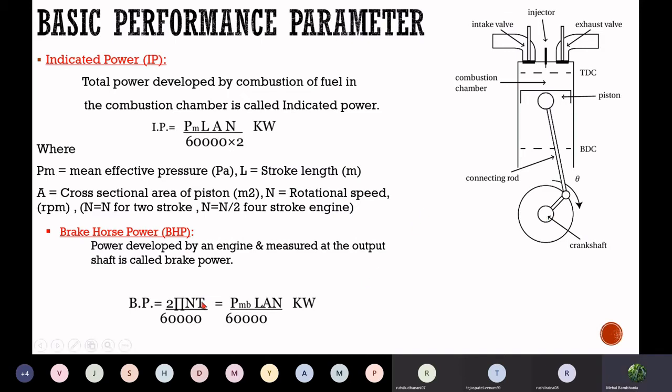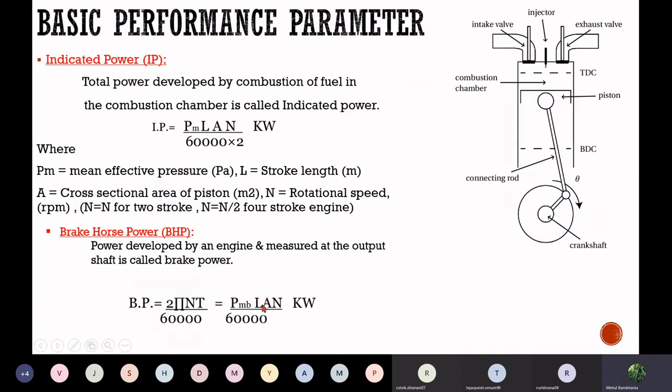So that is the torque which we need to overcome. N stands for the RPM of the shaft, and obviously 2 pi is the constant. This is one way through which we can find the general brake horsepower equation.